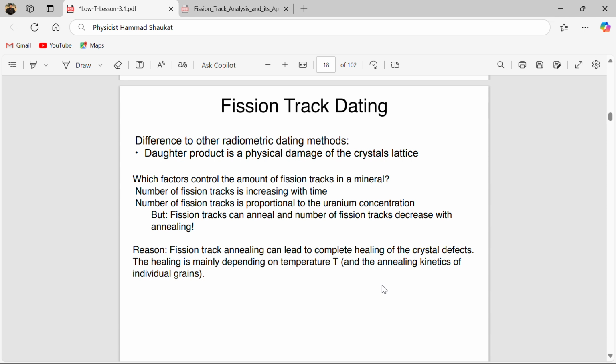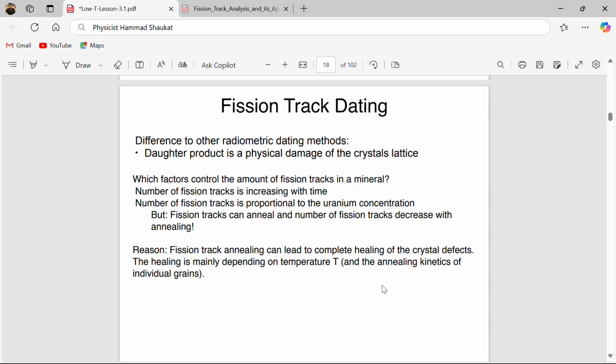But the fission tracks can anneal, and the number of fission tracks decreases with annealing. The reason is that fission track annealing can lead to complete healing of the crystal defects.